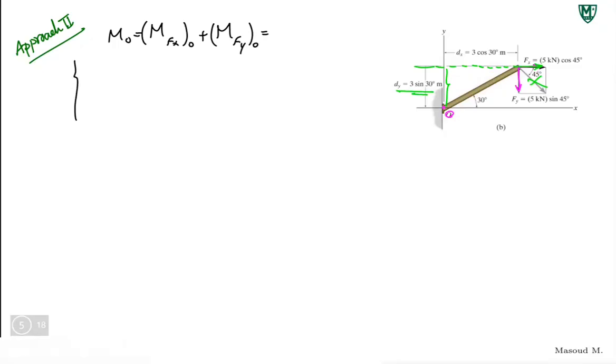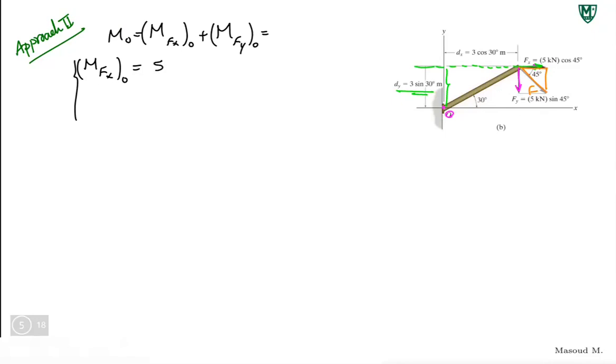So the moment of Fx about point O is Fx, the x component of F, which is 5 cosine 45 degrees in this right triangle. So Fx times the perpendicular distance between the line of action and point O.